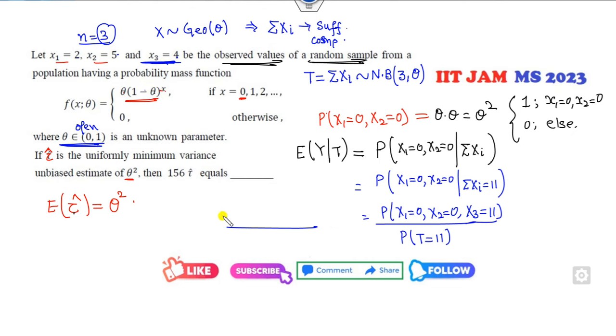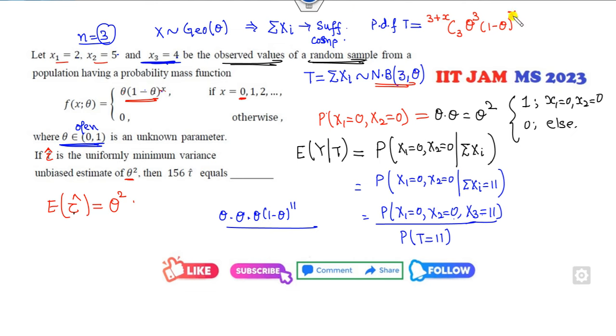Probability of x1 is 0 is theta. Probability of x2 is theta. Probability of x3 is 11, so it is 1 minus theta to the power of 11. And how can you find the denominator? What is the PDF of T? Because it's a negative binomial, it will be 3 plus x C x, theta cube, 1 minus theta to the power of x.